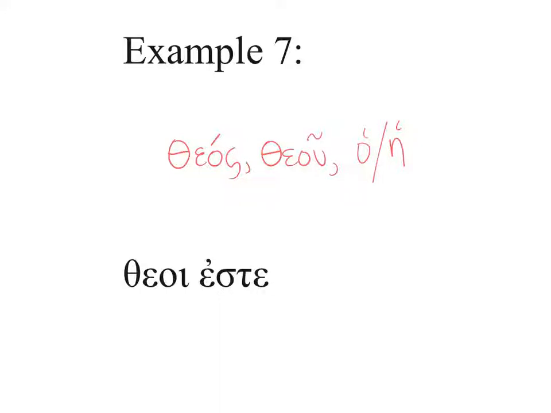Teoi. Should it be an acute or circumflex? Accent rules of nouns dictate that it should be an acute. So teoi. If it were genitive or dative, singular or plural, then it would be a circumflex. But because it's nominative and because that oi diphthong is a short ending, although it's a long syllable when it's followed by consonants, it gives us an acute here.